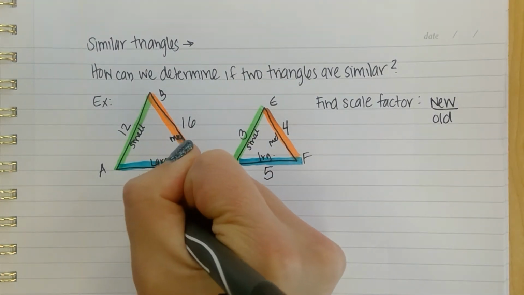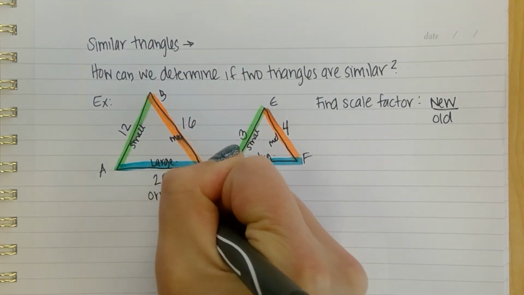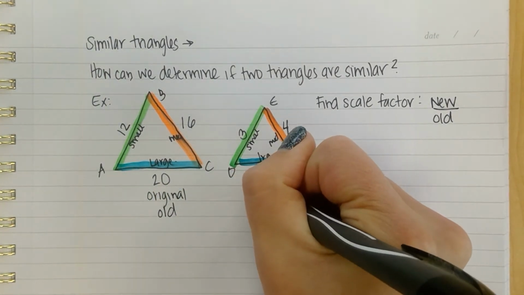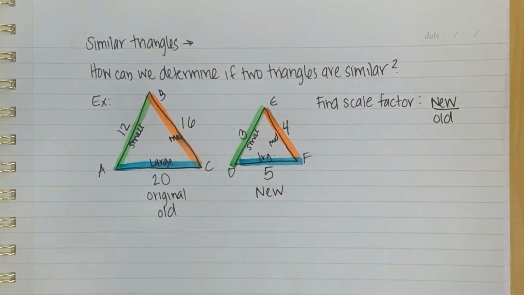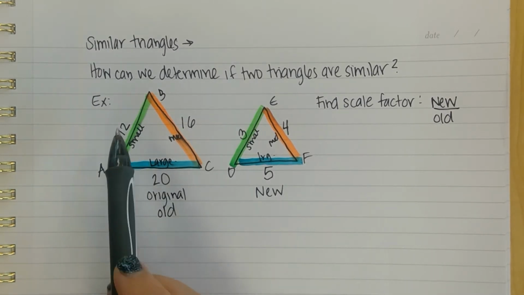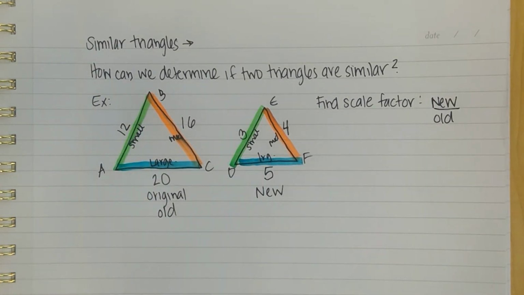This is our original, the old, and here's my new triangle, the smaller one. What you're going to get is a ratio. The ratio is going to give us the scale factor when we simplify it down, of what we did to get from this green to that green.